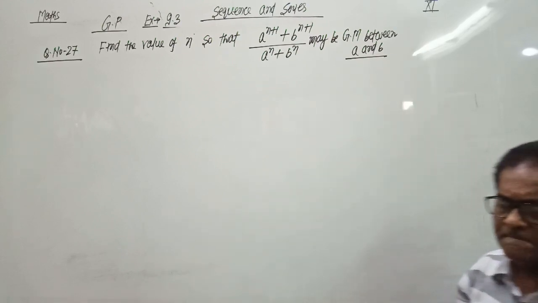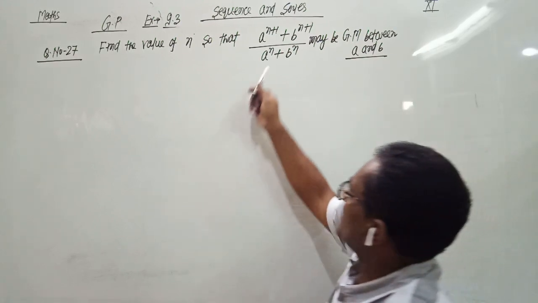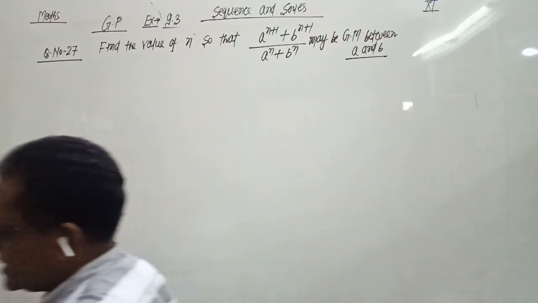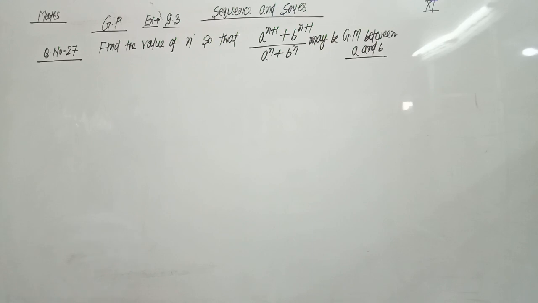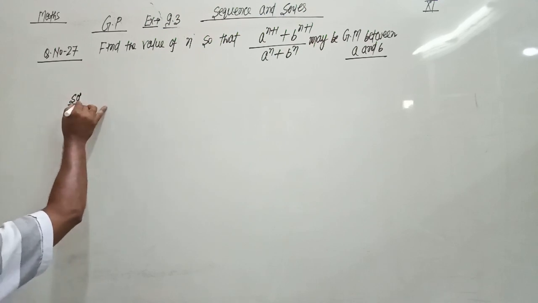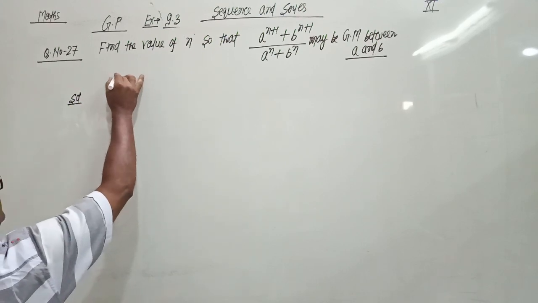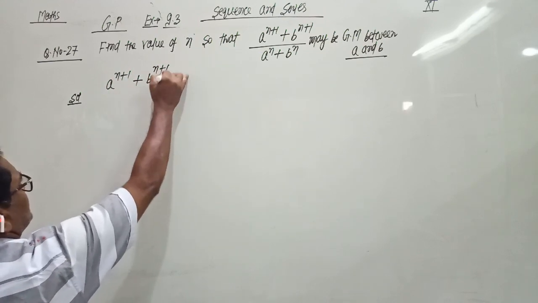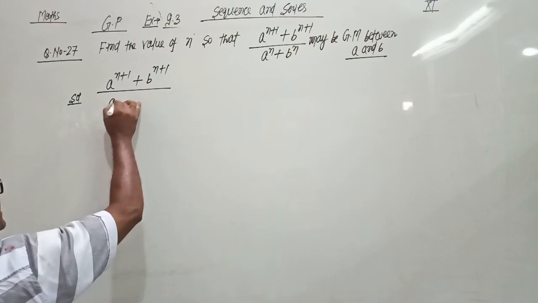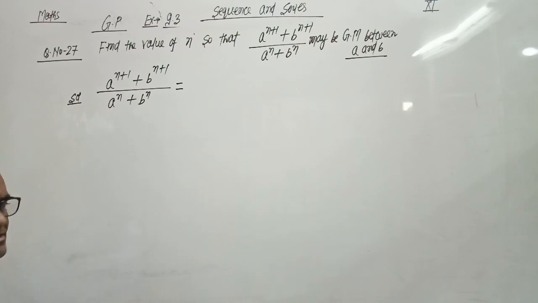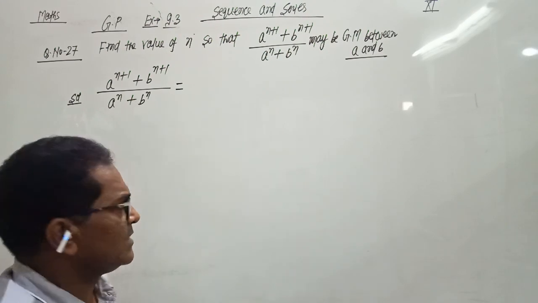It means we are given that this expression is the geometric mean between two numbers a and b, and we have to calculate the value of n. So according to the question, (a^(n+1) + b^(n+1)) / (a^n + b^n) is the geometric mean between a and b.